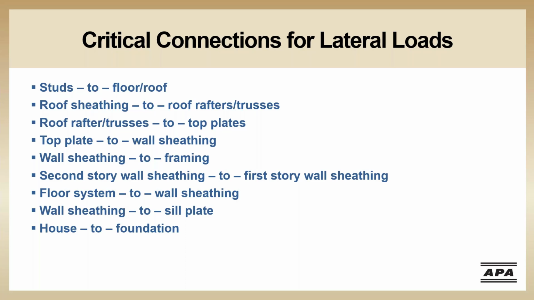We will also look at the uplift loads on the roof that were mentioned earlier, since they are a major part of a wind load and also require a complete load path to the foundation. As we look at each connection, I will specify if we are looking at it for a lateral load or for an uplift load.